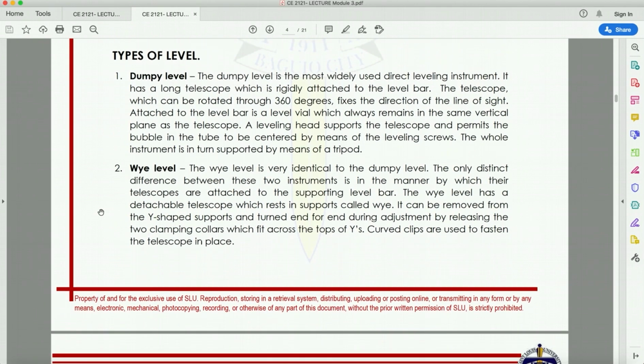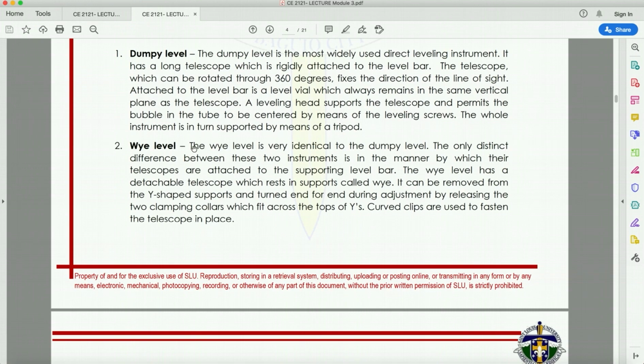Next is the Y level. The Y level is very identical to the dumpy level. The only distinct difference between these two instruments is in the manner by which their telescopes are attached to the supporting level bar.